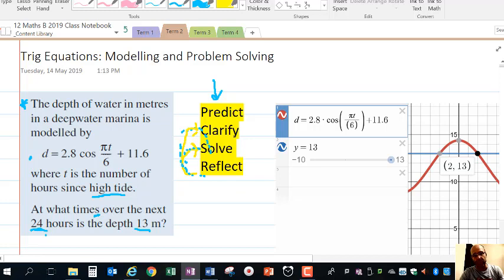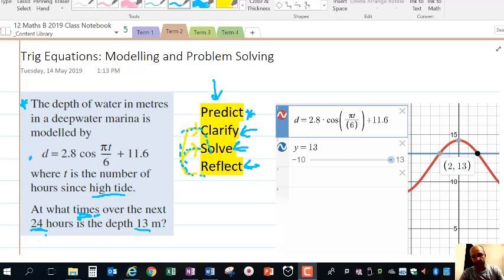But you do need to predict what processes are involved and what the answer might look like, which we've kind of done already. We're looking at times of day. It's got to be between 0 and 24. Clarify, what does the problem need, which we're going to do in a minute. Solve, do the math, and check our answer. Does it seem reasonable, and have we had to make any assumptions, and what are the implications of making those assumptions?